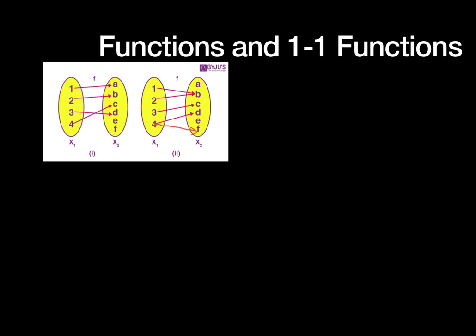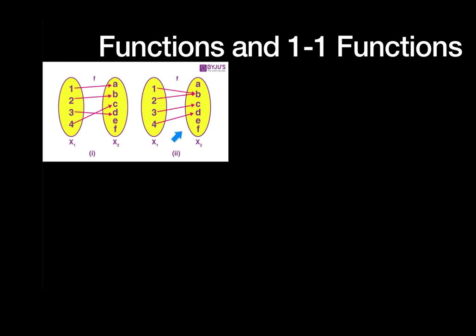This is a function. It's called a one-to-one function. One-to-one means each x goes to one y value, and each y value only has one x value. If I erase this back here, this one now: 1 maps only to one item, 2 maps to one item, 3 maps to one item, 4 maps to one item.